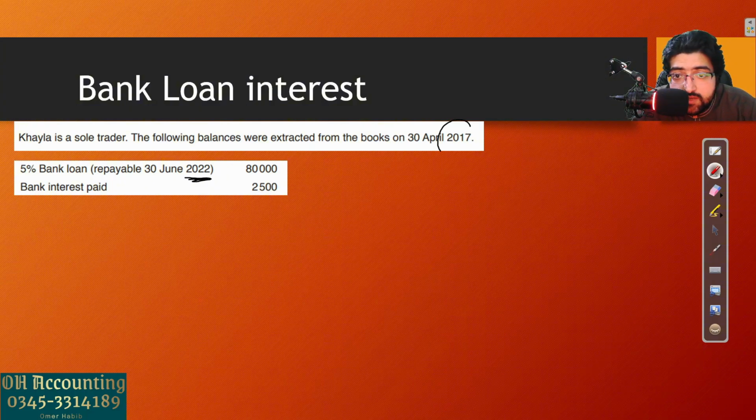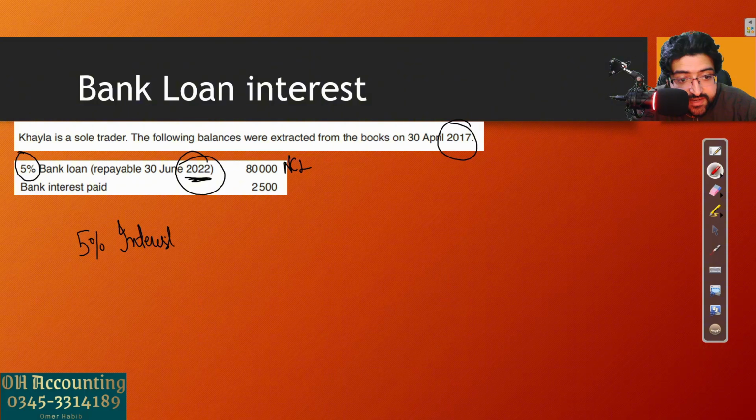We are in 2017, as we can see, and this loan is payable in 2022. So just by reading this, we know this is a non-current liability, right? Now, what is this 5% given? This 5% is the interest rate, the yearly interest, which you have to pay on this loan.